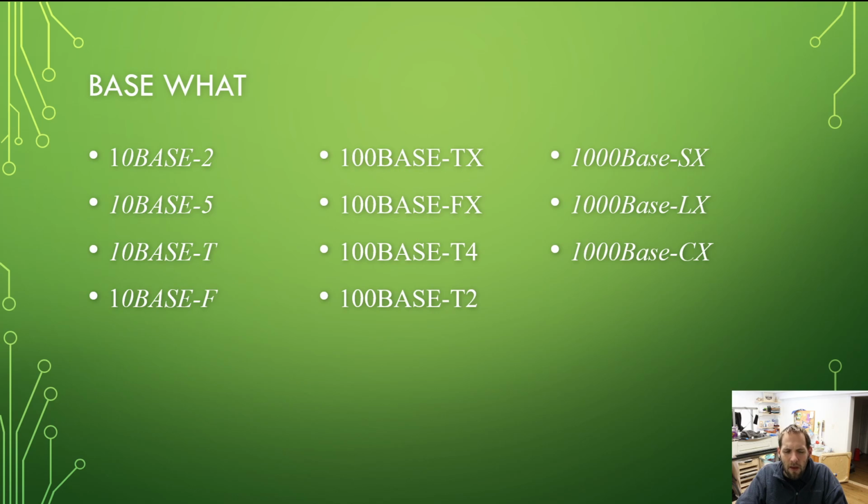All right. And our last category is the 1000 base, or gigabit Ethernet. SX is a short wavelength fiber, LX is long wavelength fiber, and CX is a short copper cable version based on the fiber channel standard. So 10, 100, 1000, and probably the most important part here is really just the 10 base, 100 base, or the 1000 base.